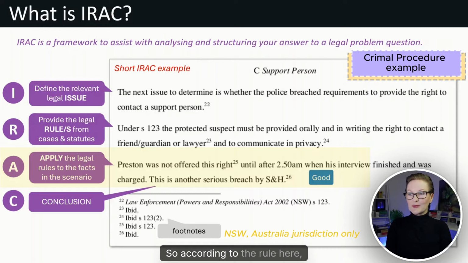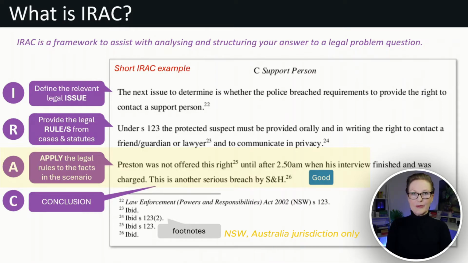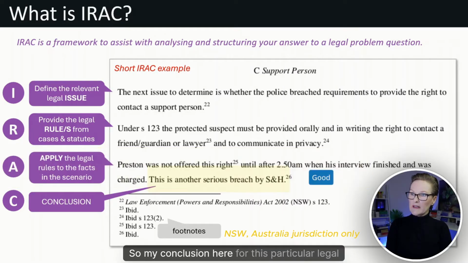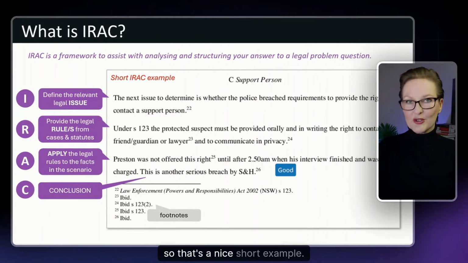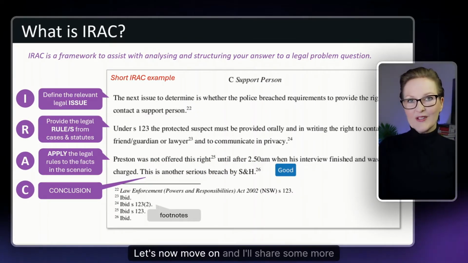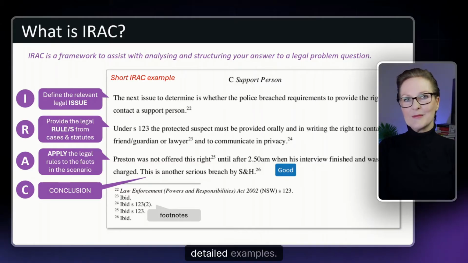So according to the rule, when I look at the facts in the scenario, poor old Preston, he wasn't given those rights. My conclusion for this particular legal issue is that the police breached this provision. All right, so that's a nice short example. Let's now move on and I'll share some more detailed examples.